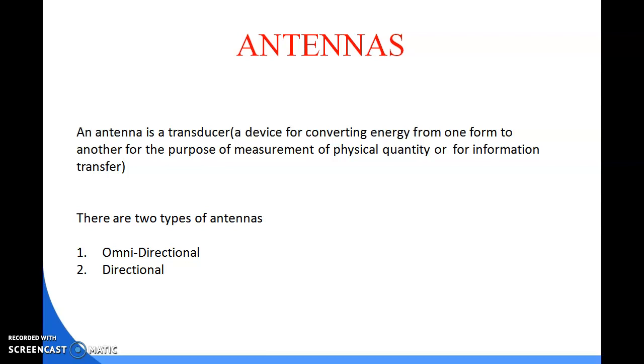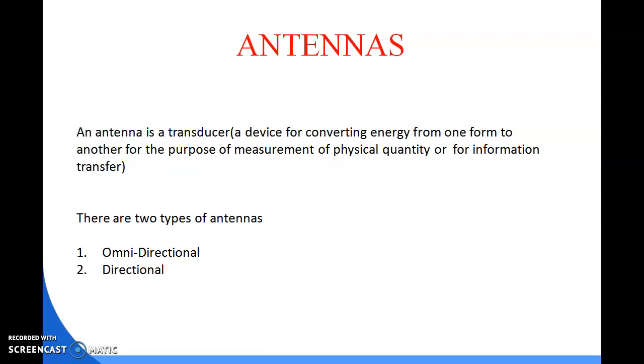Antennas usually work in air or outer space. They have practical use for the transmission and reception of radio frequency signals. So overall it is a device used for transmitting or receiving signals. Clear?